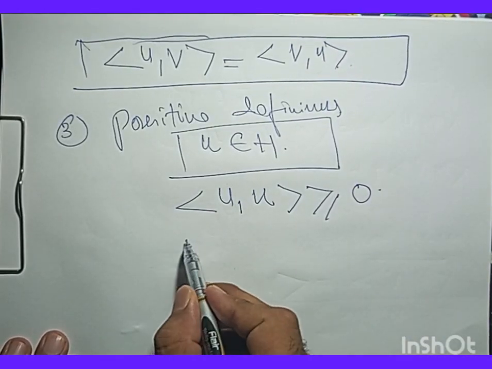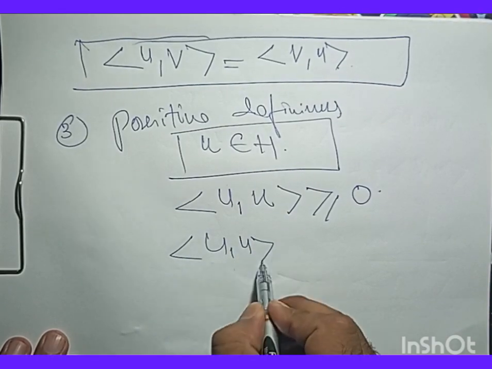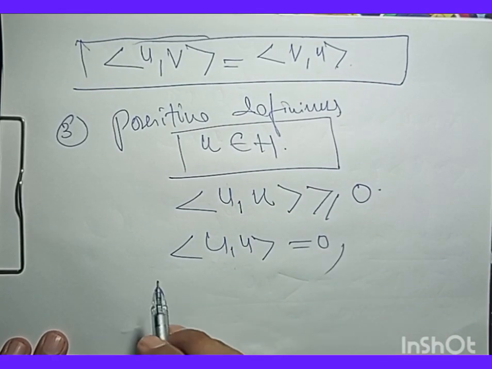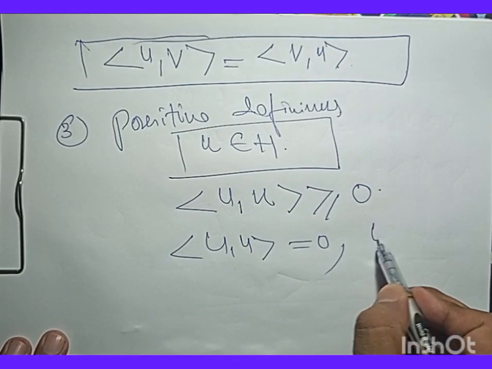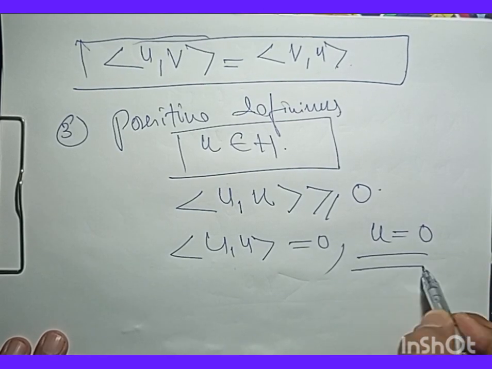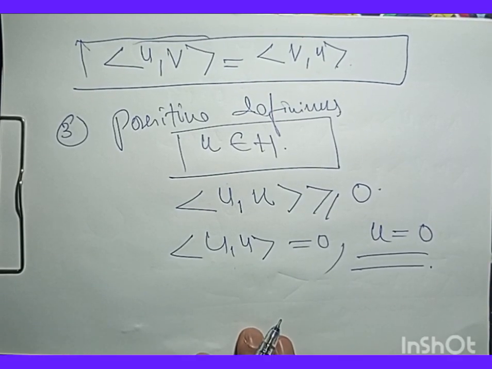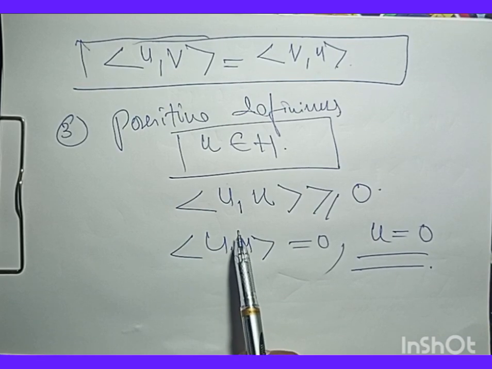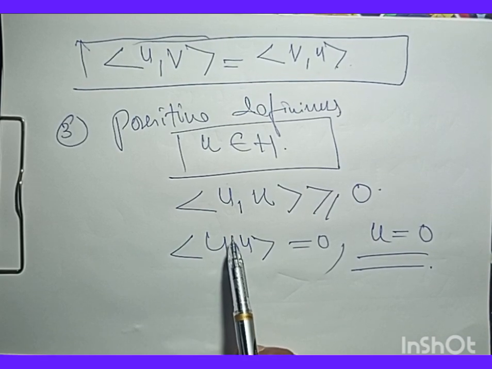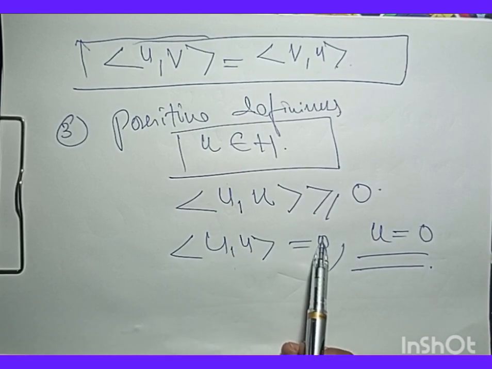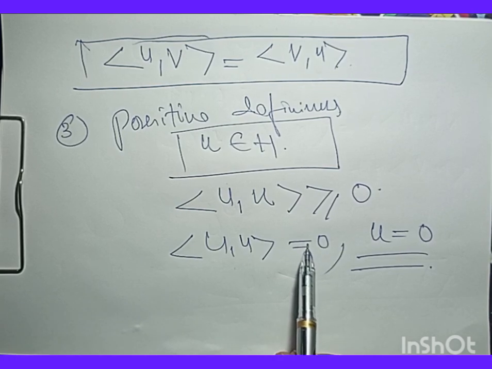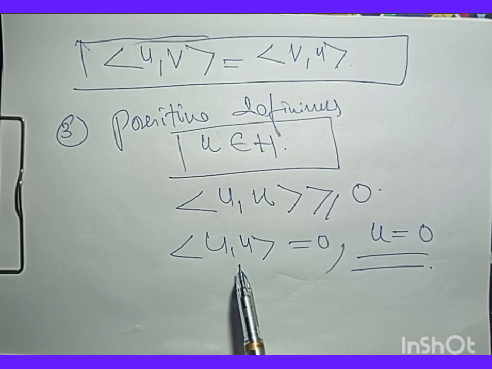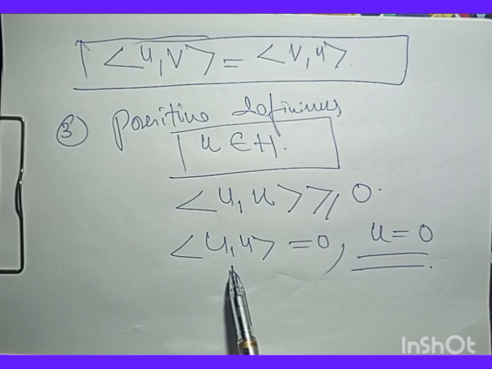And this will be equal to 0 only if u is equal to 0. So this is what is called positive definiteness. If you take the inner product of the same vector, it has to be greater than or equal to 0, and it can be 0 only when the magnitude of this vector is 0.